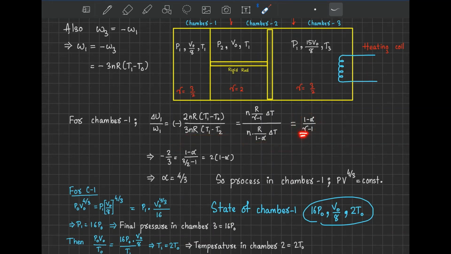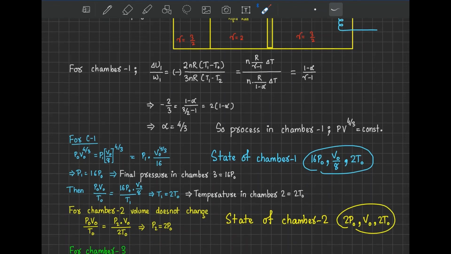Gamma is given as 3 by 2 for this chamber. So 2 into (1 minus alpha) is minus 2 by 3, or alpha becomes 4 by 3. So this is the process PV to the power 4 by 3 equals constant. We got chamber 1's process. Now it will be easy to solve.